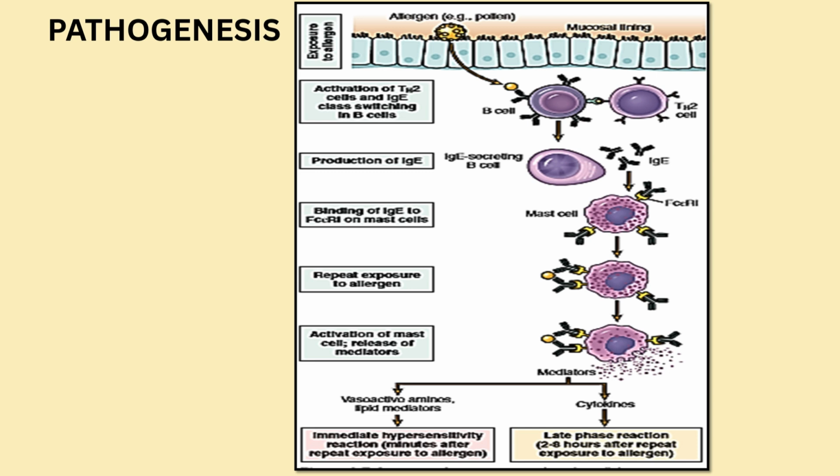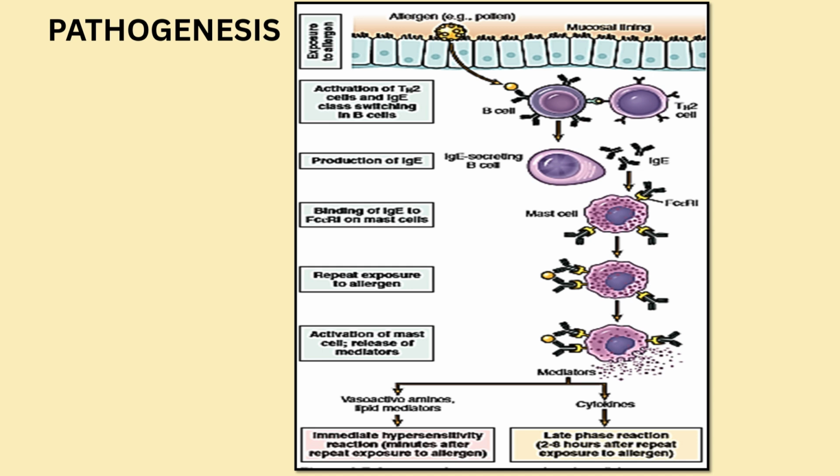Let's understand how type 1 reaction takes place. The host had already come in contact with the allergen once. At that time there was activation of T helper cells and B cells. These cells ended up producing immunoglobulin E. This immunoglobulin E was further attached to the Fc receptors on mast cells.